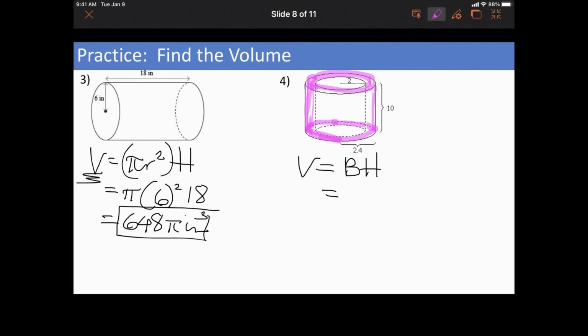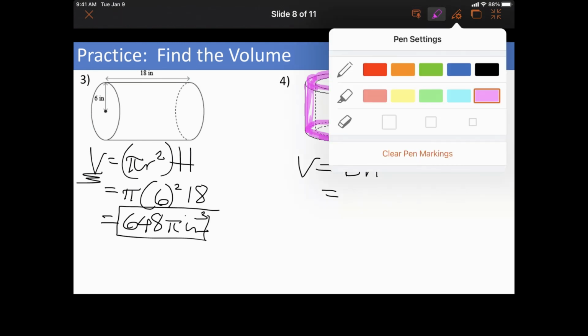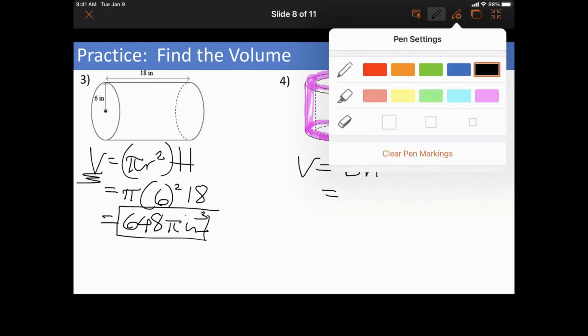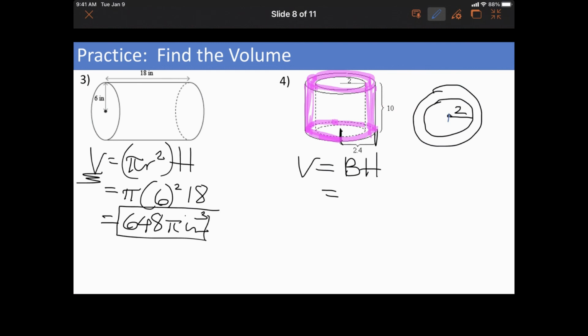So what is the shape of the base? Well, that base looks like an annulus. And it says that from here to here is 2. And on the bottom, from the center to the outside is 2.4.